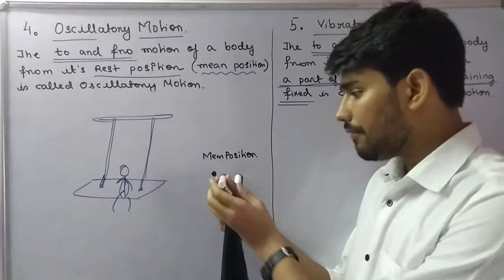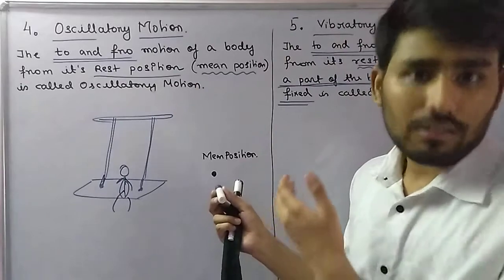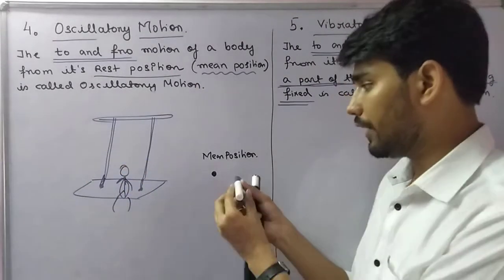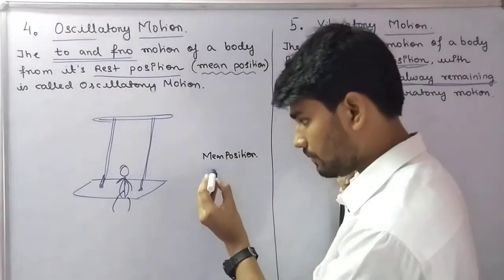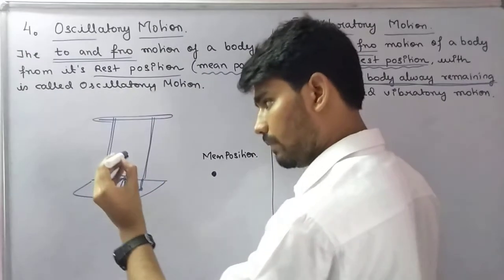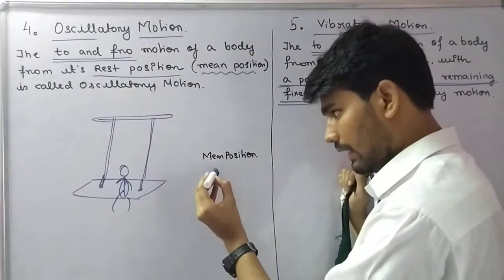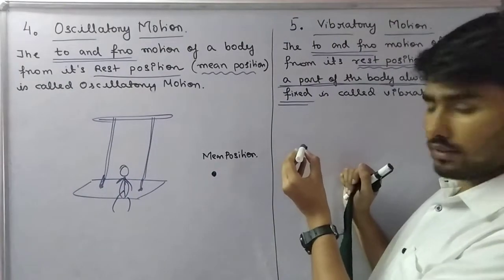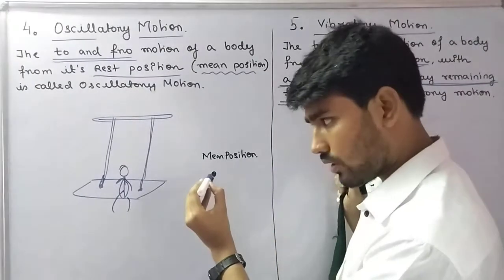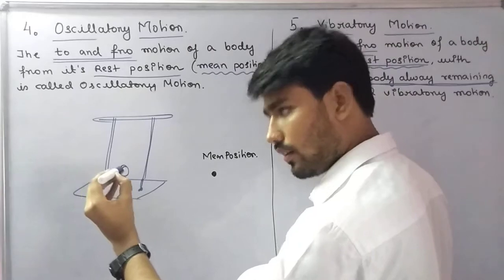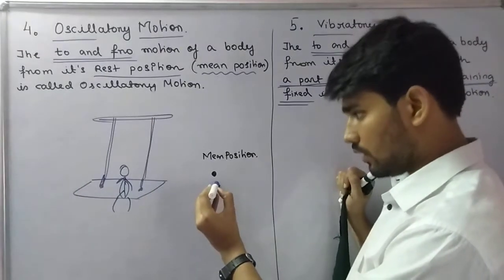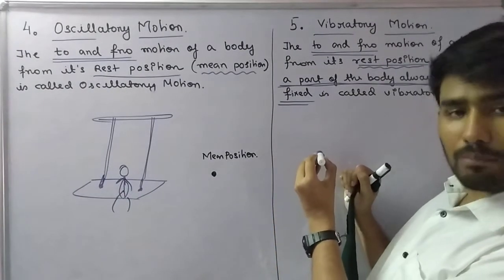Now, if I disturb it, how will it move? It will go forward, then it will come to the mean position, then it will move in a backward direction. Then again it will go to the mean position, then again forward, then come back to its mean position, then again backward.